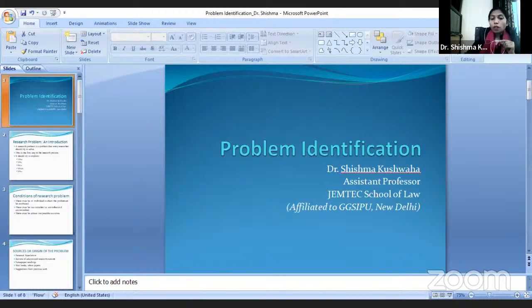They can go ahead and do the same study in Kerala, or in some other eastern state or northeast states.